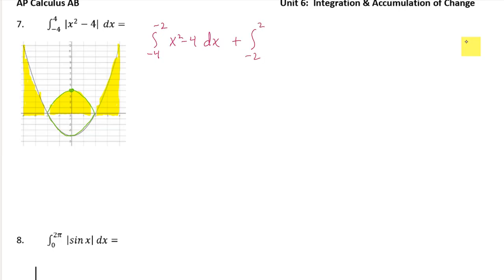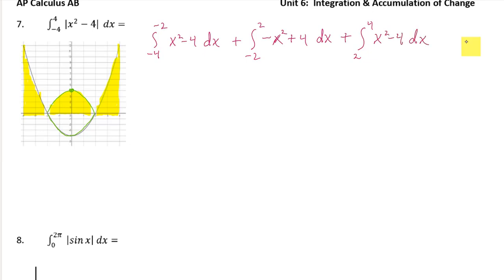Now here's the thing, it's not x squared minus 4, it's now negative x squared plus 4, times dx, because when you flip the parabola over, like we did when you reflect it over the x-axis, you're basically negating both parts of the equation there. And then we need the right side of the parabola as well, so we're going to do positive 2 to 4 of, again, the original function x squared minus 4 dx.